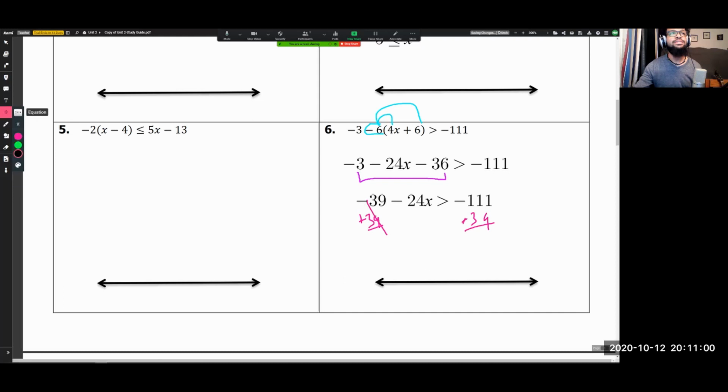And I get this left as -24x is greater than, and this -111 plus 39, I should say, not -39, plus 39, is going to give me -150.